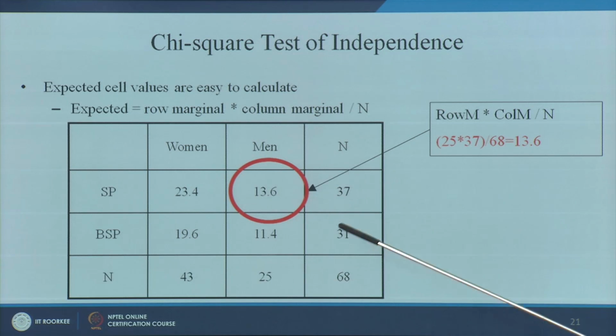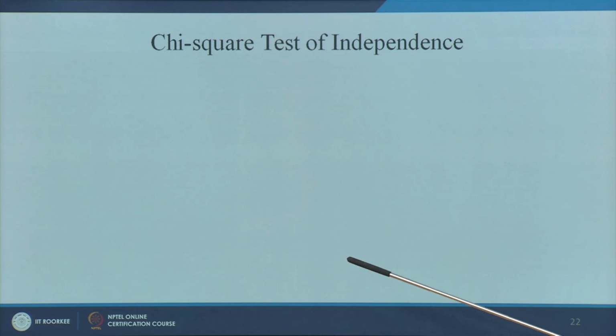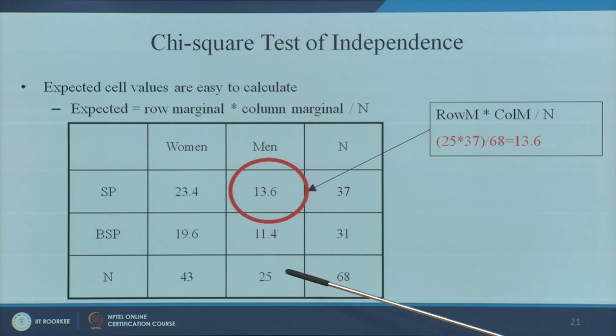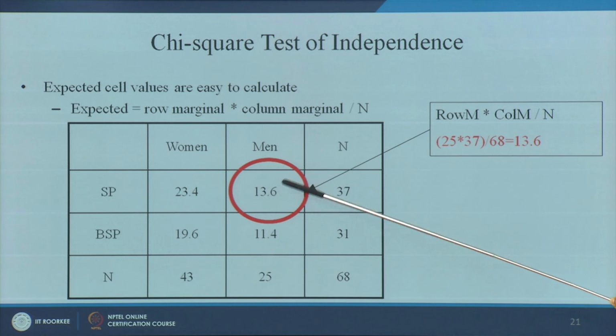Okay. For let us say this one, this cell is 31, the row total, into the column total, 25, divided by 68. If you multiply, this will come to this much. So, all the cells have been calculated, this is only an example which has been shown.